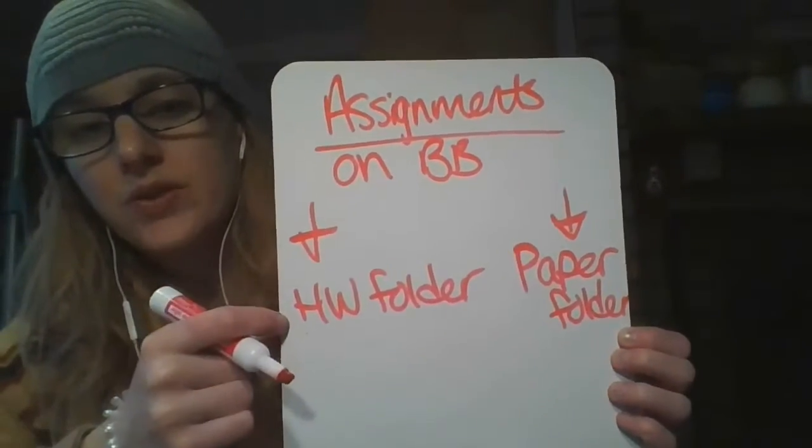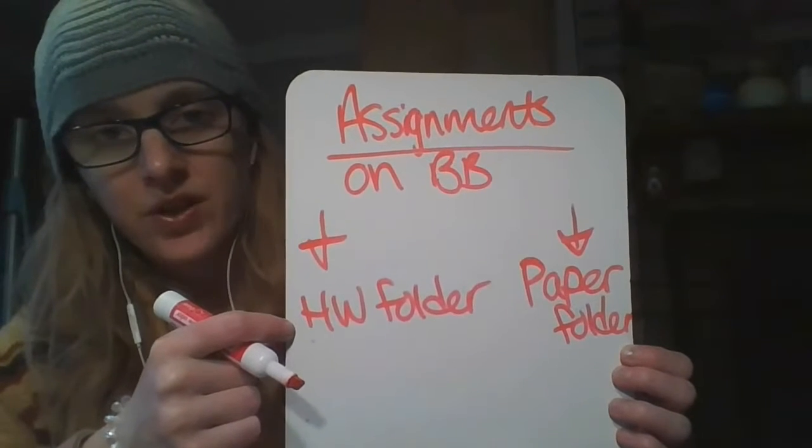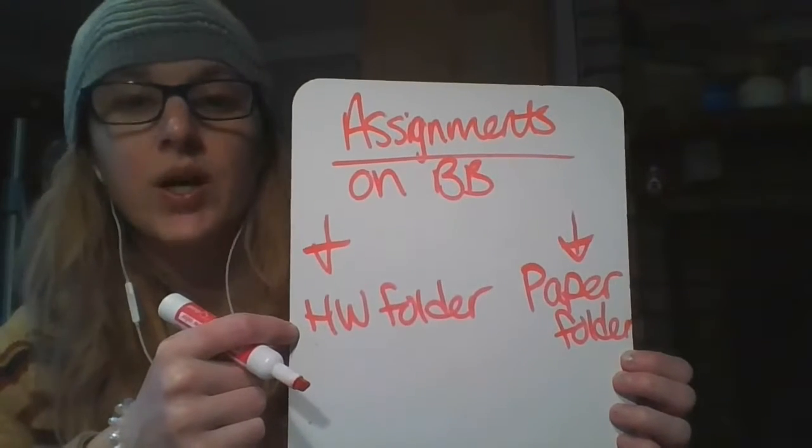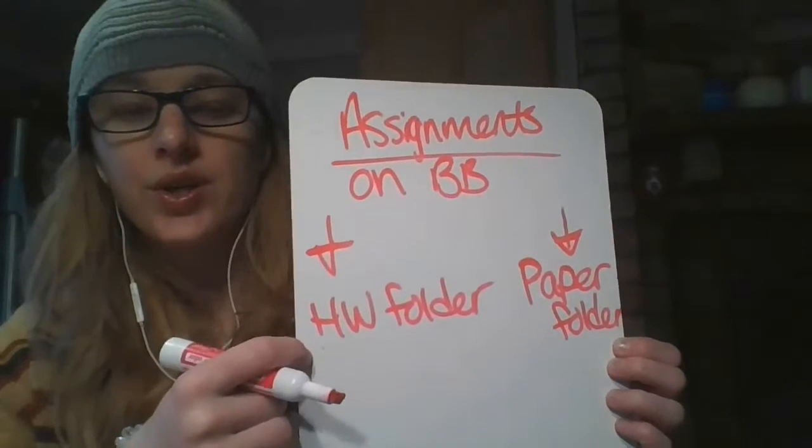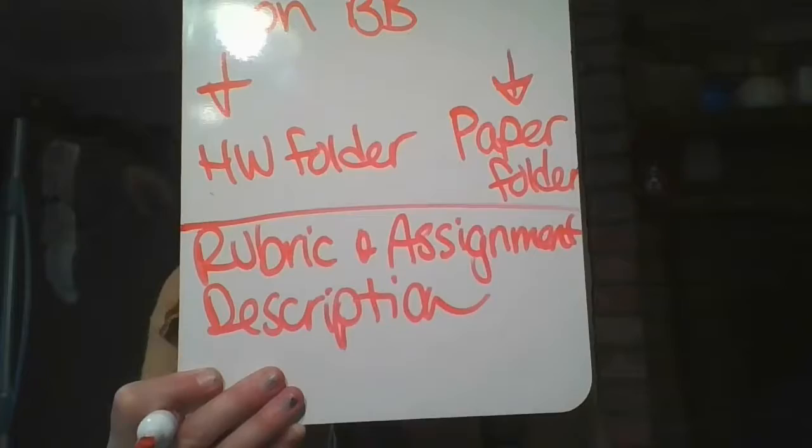The homework folder is where you submit all of the other stuff like the outline, the works cited, and the brainstorm. So you are looking in both places. Now, as far as the rubric and assignment description, you're going to find those in the paper folder for the compare contrast assignment. All right, you want to make sure that you're looking that over because that's exactly how I'm grading you.